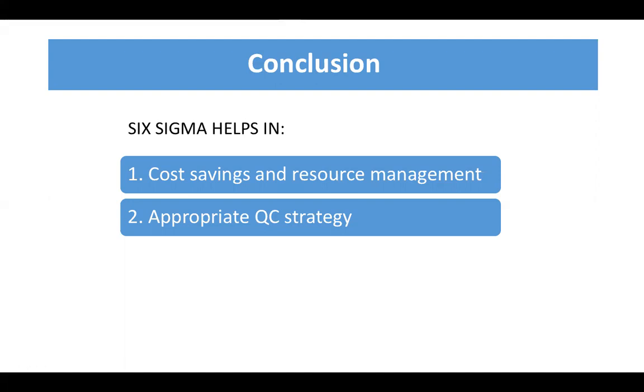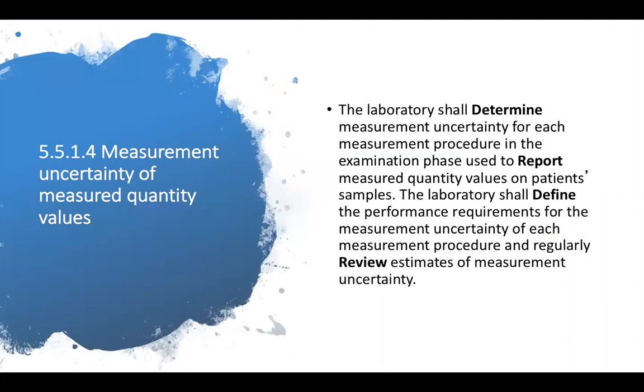Then General Motors propagated this concept of Six Sigma. In our healthcare system, in our laboratory system, understanding of Six Sigma is a little less. People think it is very complicated, but it is not complicated. Whatever we are discussing in this 1 hour, it is not complicated. We can manage our resources in a better way.